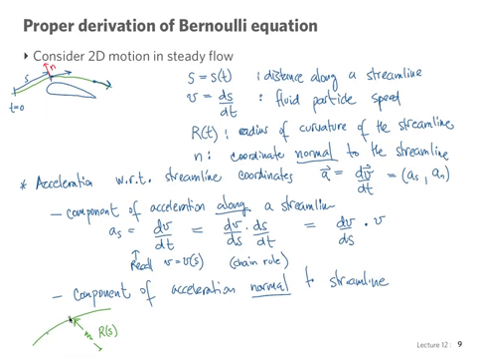Suppose we have a little element of fluid here, and that is the radius of curvature of the streamline. So the normal acceleration is just centrifugal acceleration, so A normal is V squared over R.